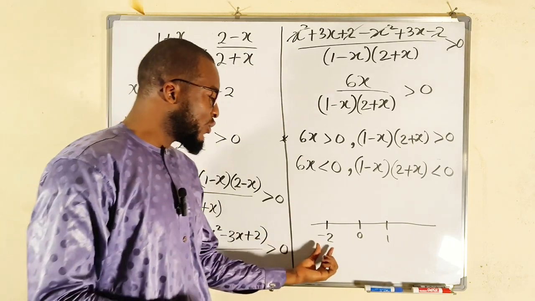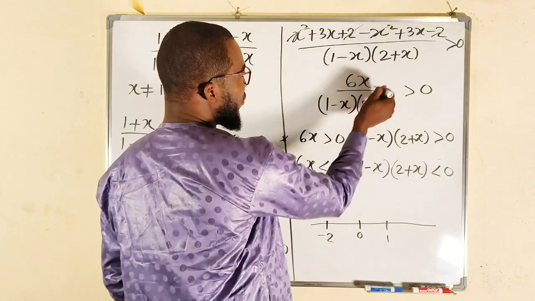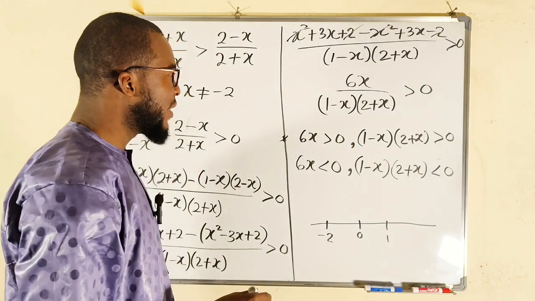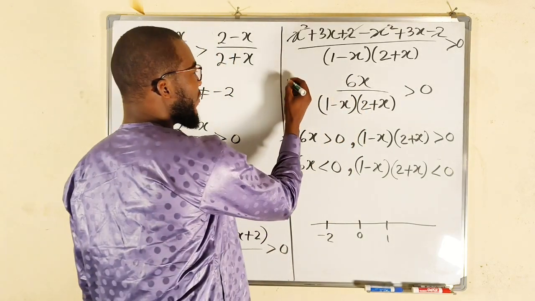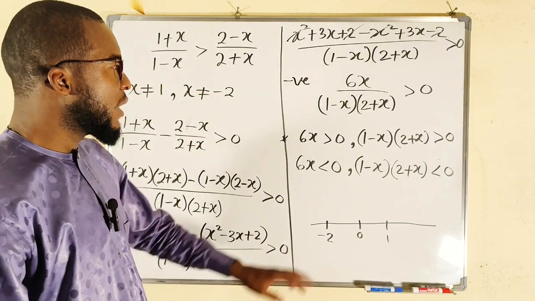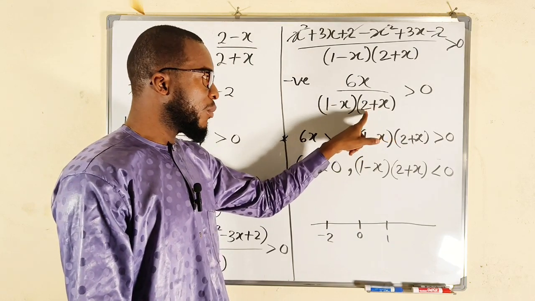So what happens as we choose x to be negative 2? If x is negative 2, you can see to the top we have 6 times negative 2. That will give us negative 12. So to the top we have a negative value. And to the bottom, the moment you plug in negative 2 here, you have negative 2 plus 2, which is 0.